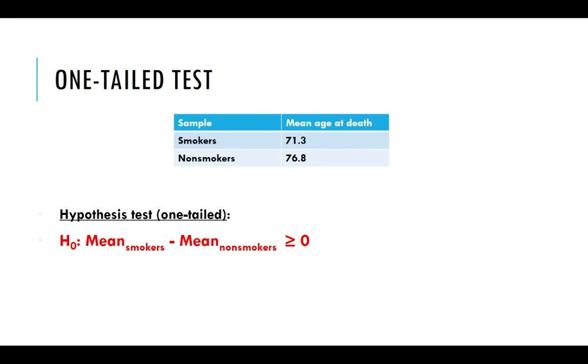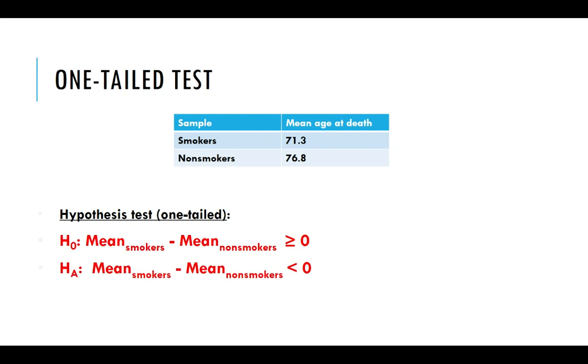The equal part says they're the same mean age at death. I don't think that. And the greater than part says that smokers live longer than non-smokers. I don't believe that either. So do you see why both of those things have to go into my null hypothesis, the thing I don't think is true?